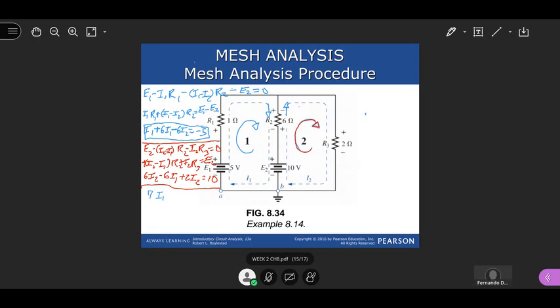So it's going to be 7 I1. 7 I1, right? Now 7 I1 minus I2 times 6, right? Equal to minus 5.